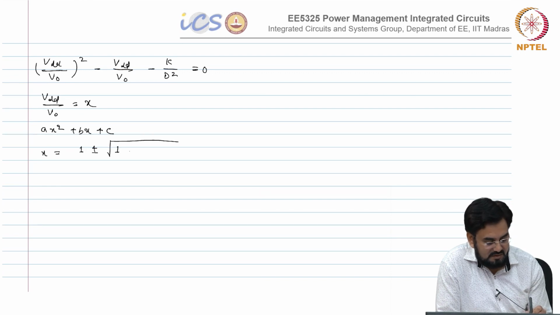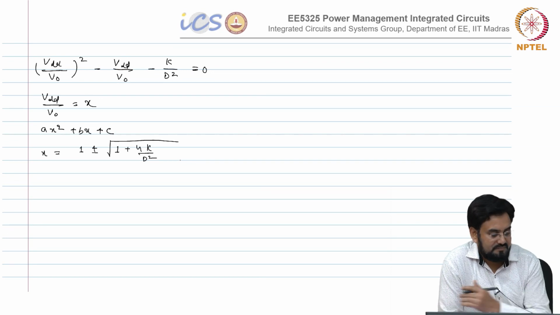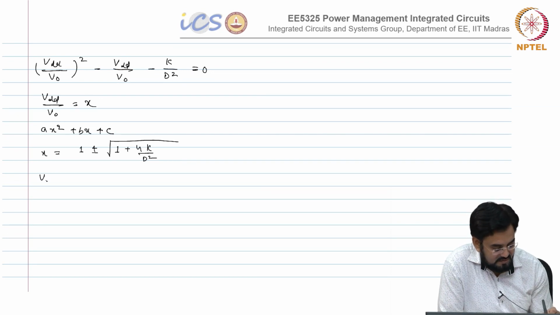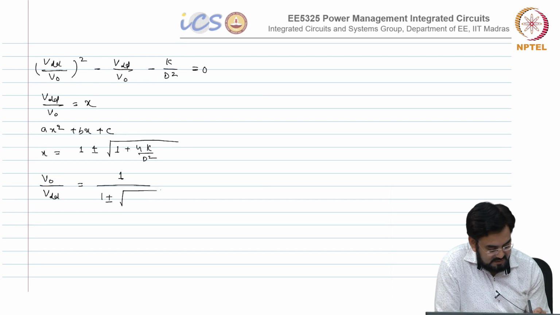So c is negative, so this becomes plus 4K over D square, correct, which means V_out over VDD is 1 over 1 plus minus square root.